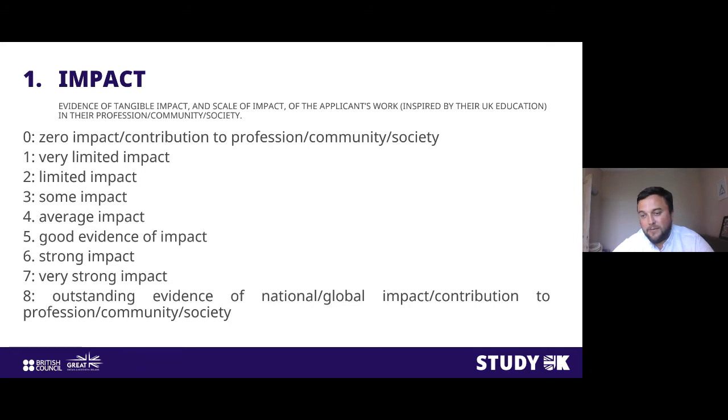What we mean by evidence is using stories, news articles, things that would enhance and explain clearly the impact of your work in that profession, community, or society, that will really tell the story you're trying to give us, hopefully hitting the heady heights of an 8, which would provide us with outstanding evidence of the national and global impact and the overall contribution to your profession, community, and society.